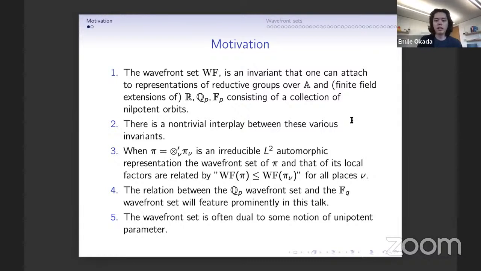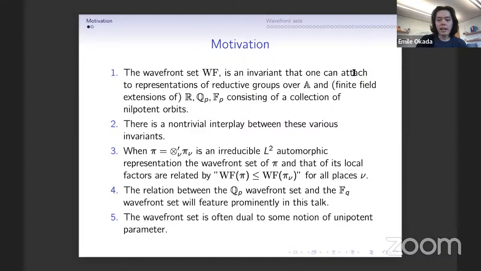And then due to a result by Lusztig, the Wavefront set is in some notion dual to the unipotent parameter there. And like I said, it lives on the original side. And so it has the benefit of providing a natural way to control the unipotent parameter. So this invariant is quite powerful for that reason.